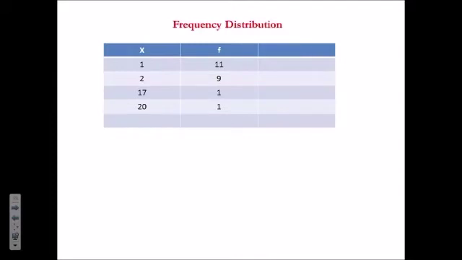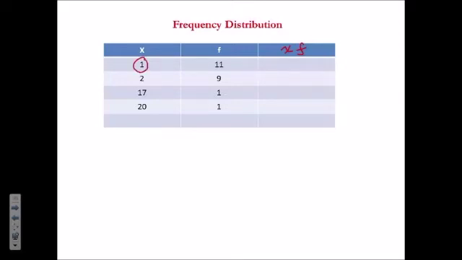I'm going to extend the frequency distribution table to have a third column, which would be X times F, or XF. When you write symbols next to each other, algebraically, multiplication is understood.